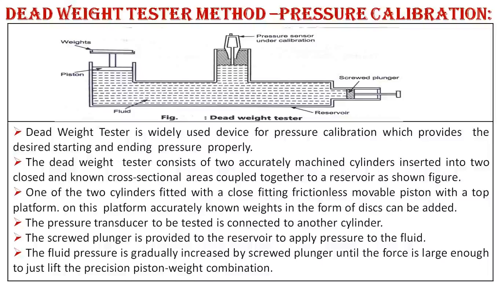The pressure transducer to be tested is connected to the other cylinder. A screw plunger is provided at the reservoir to apply pressure to the fluid. The fluid pressure is gradually increased by the screw plunger until the force is large enough to just lift the precision piston weight combination.